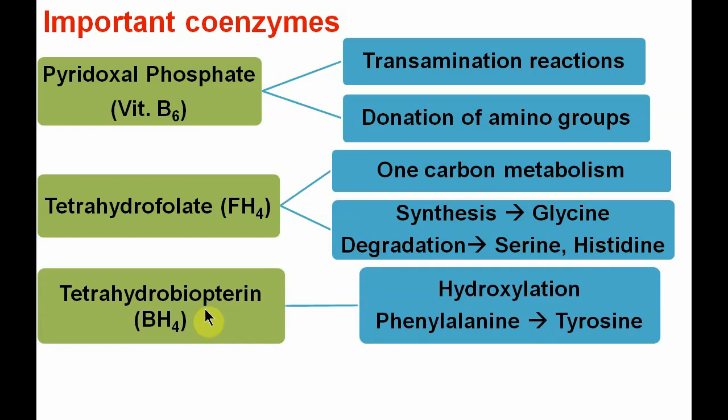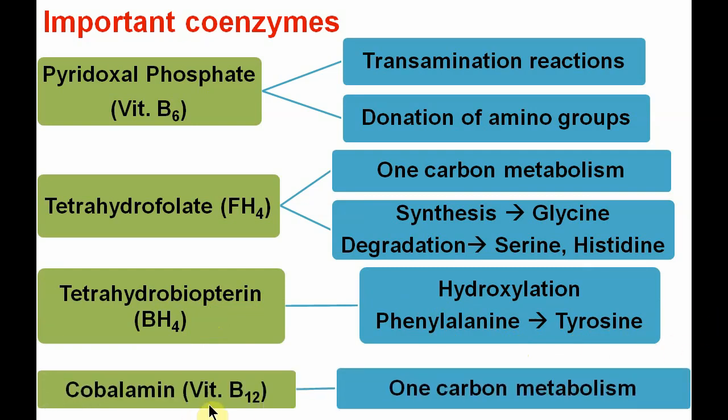Next is tetrahydrobiopterin, which is helpful in the hydroxylation of phenylalanine to form tyrosine. And fourth is cobalamin, vitamin B12, which is helpful in one carbon metabolism, that is the transfer of the methyl group.